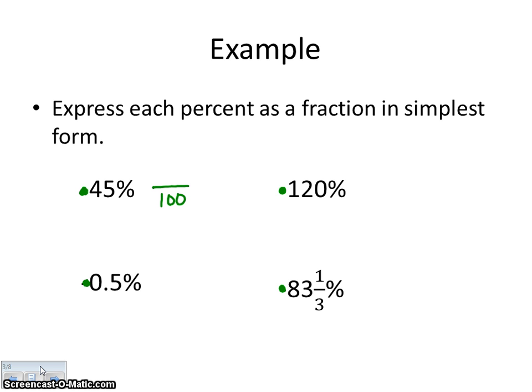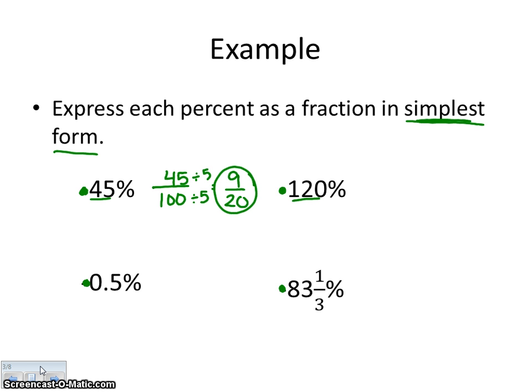And I'm going to write exactly what's given to me, 45, over 100. But it also asked me to write it in simplest form, so I need to simplify. I can divide the top by 5 and the bottom by 5, and I get 9 over 20. So 45% is 9 over 20.